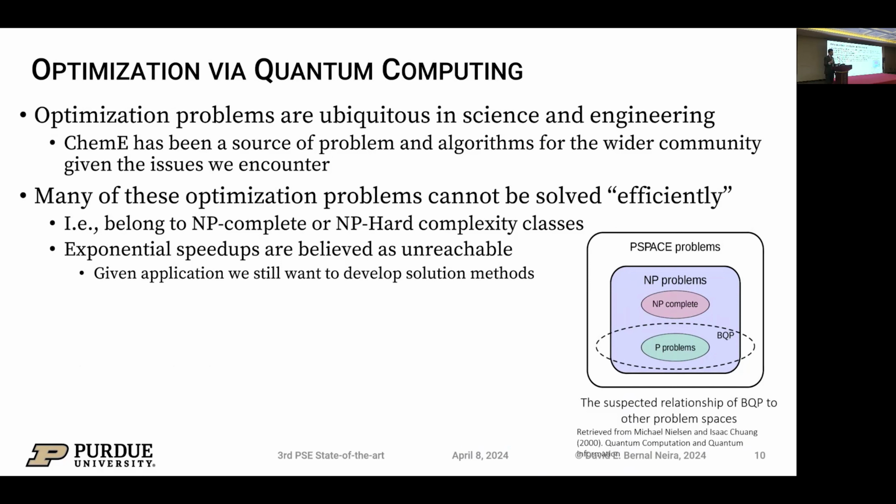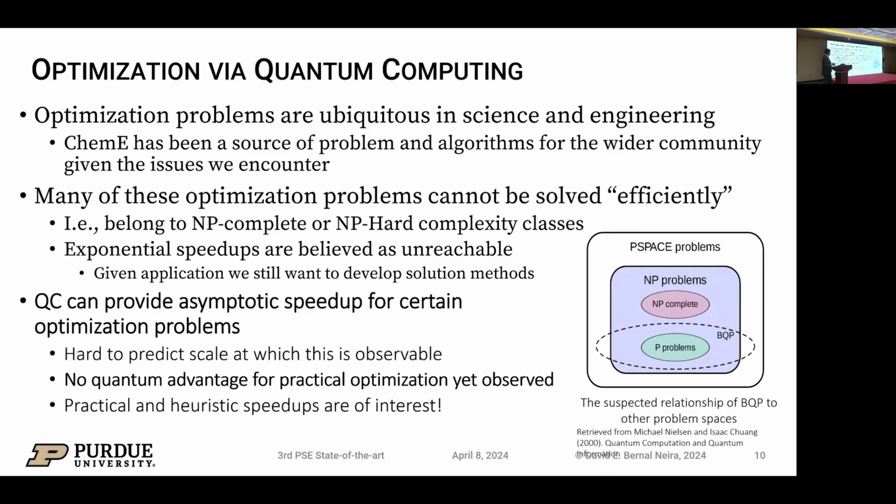Yet, and this community has been part of that revolution, we usually don't care about exponential speedups. If we can accelerate our method 20%, it's already a big win for us. So that motivates our work in this kind of system. Here, we just want to try these methods to accelerate our solutions as much as we can, even if we cannot hope to achieve exponential speedup.